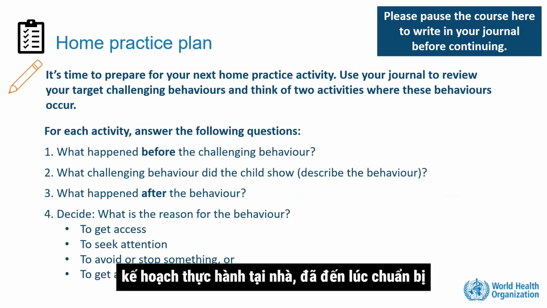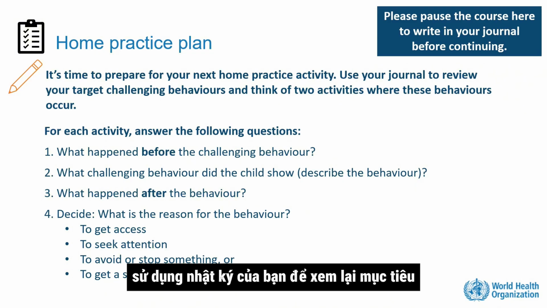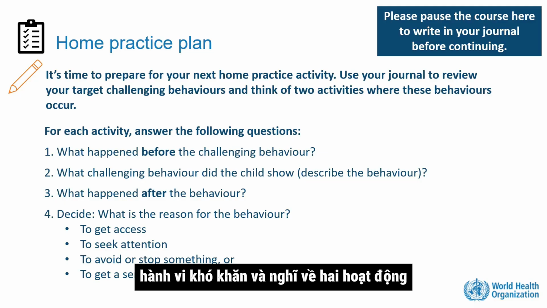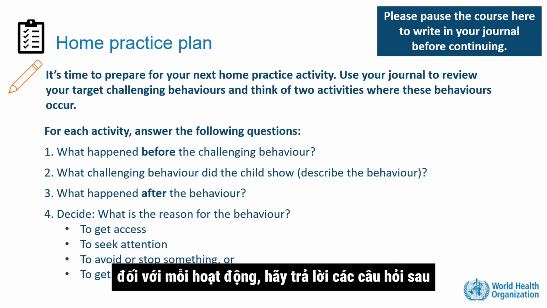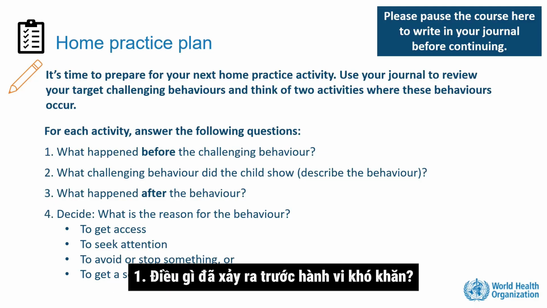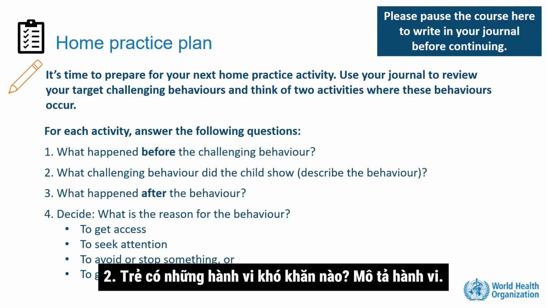Home practice plan. It's time to prepare for your next home practice activity. Use your journal to review your target challenging behaviors and think of 2 activities where these behaviors occur. For each activity, answer the following questions. 1. What happened before the challenging behavior? 2. What challenging behavior did the child show?